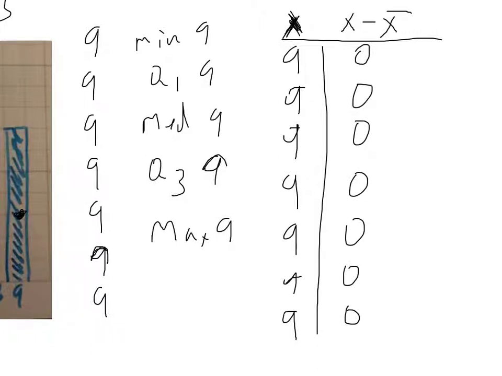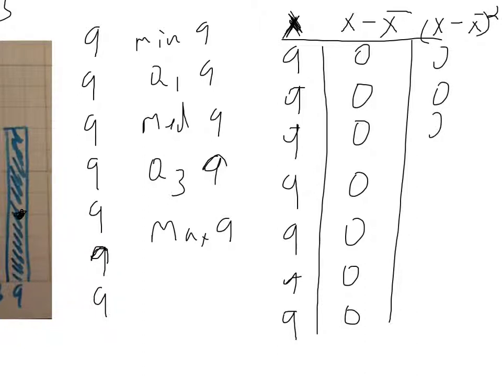And then the next part of this calculation is to square those differences. And of course, for this problem, every 0 squared will be 0. Then you're going to find the sum of all those squared differences. That's what the formula says.